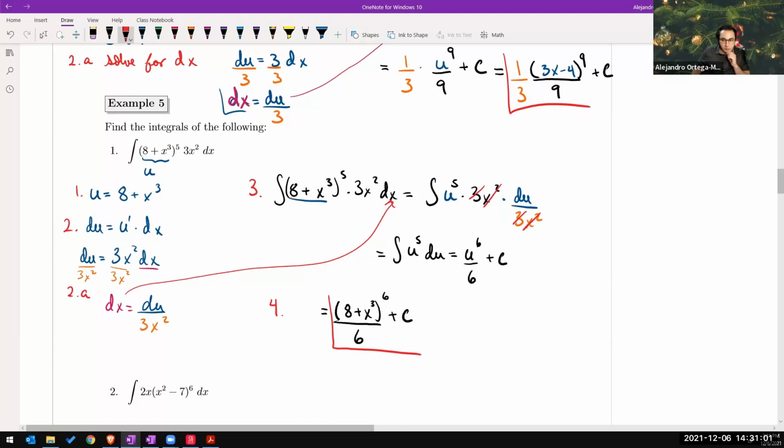At the very end, why did I rewrite it? Oh, it's basically because technically this problem was in terms of x. So once we perform everything that we can with the u, when we solve it, we always just go back to say, okay, this problem, the u was only helping us to manage the problem, but once we're done, we need to go back to the original variable.